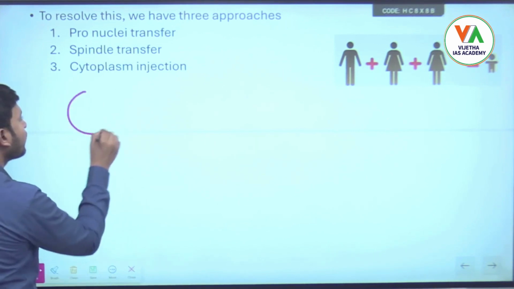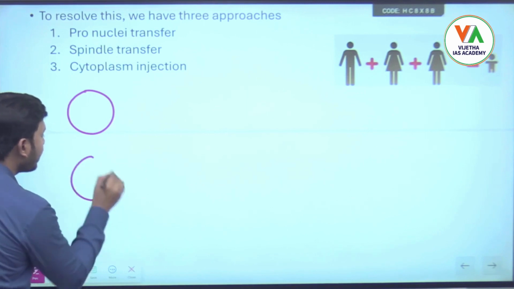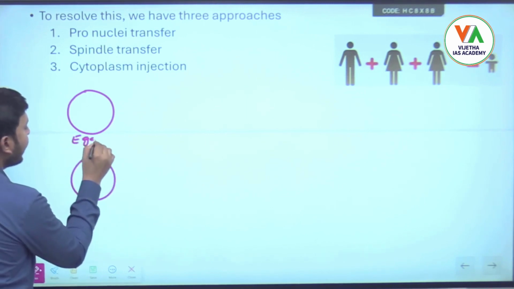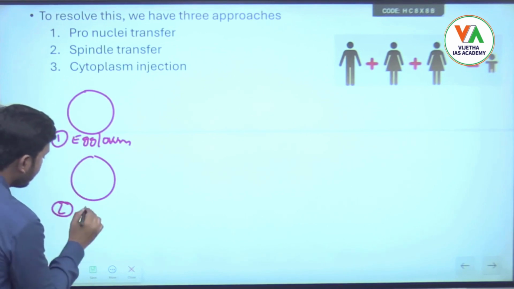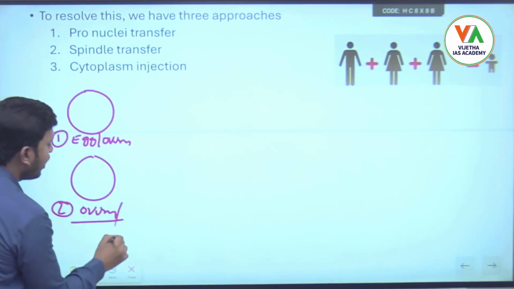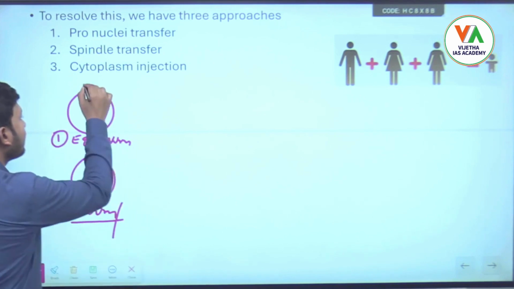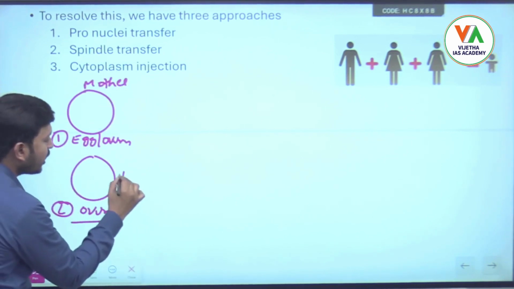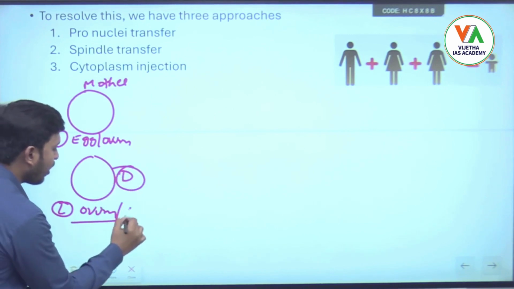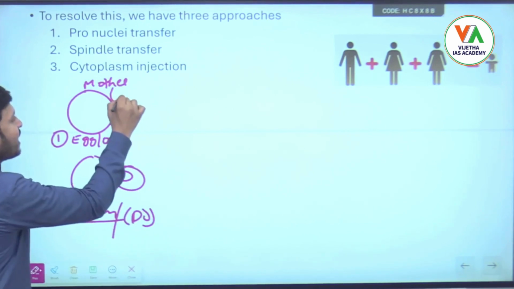We'll take 2 eggs, or 2 ovums. One is from the mother, and this one is from the donor. So this is the donor ovum, DO, and this is the mother ovum, MO.